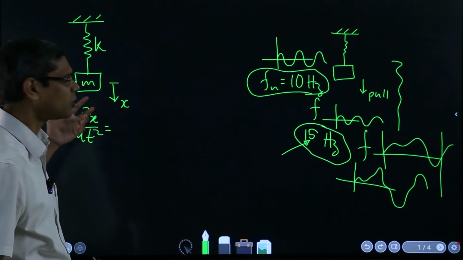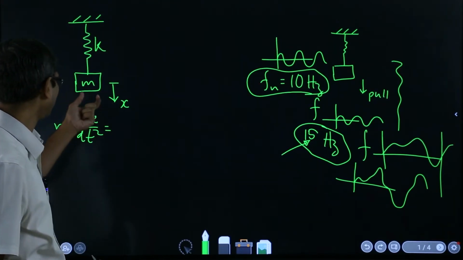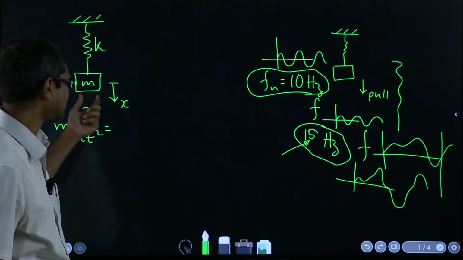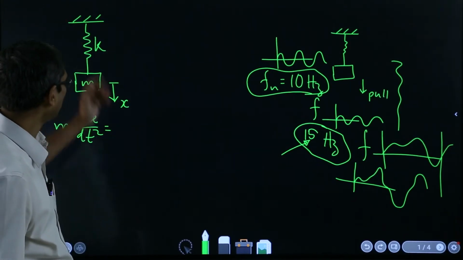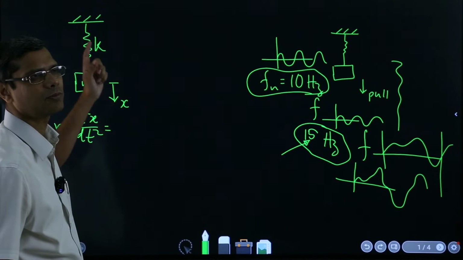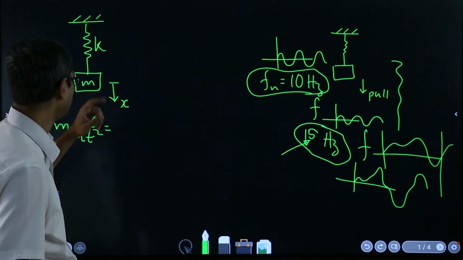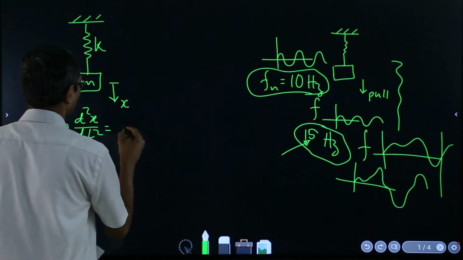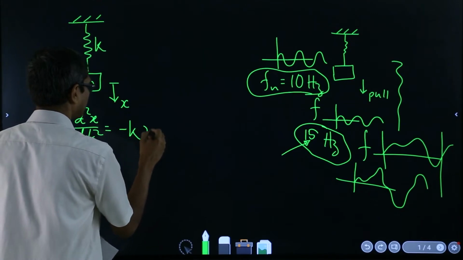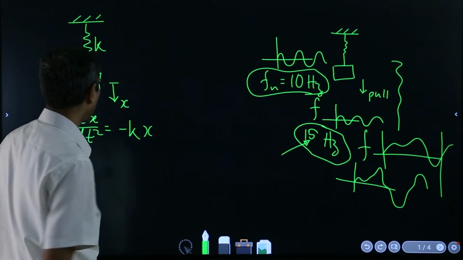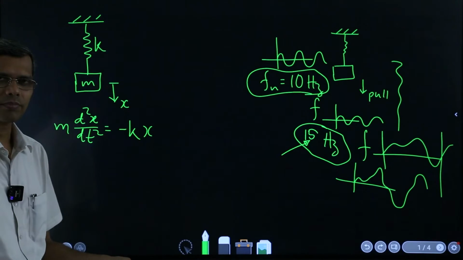Now, what is the amount of force that will come if you have pulled it by a distance x? A negative force in the upward direction, minus k times x, is coming onto the system, right.